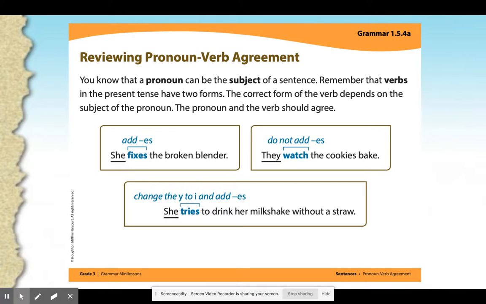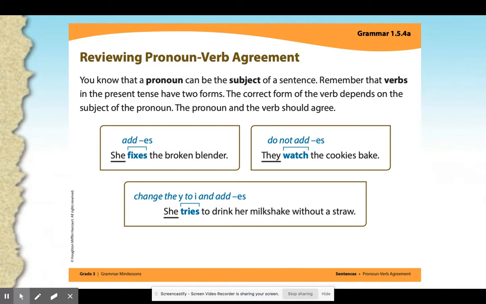So the sentence, she fixes the blender, she is the pronoun, the subject of the sentence. And because it is singular, we're going to add es. The second sentence, they watch the cookies bake. They is the subject, and it is plural.